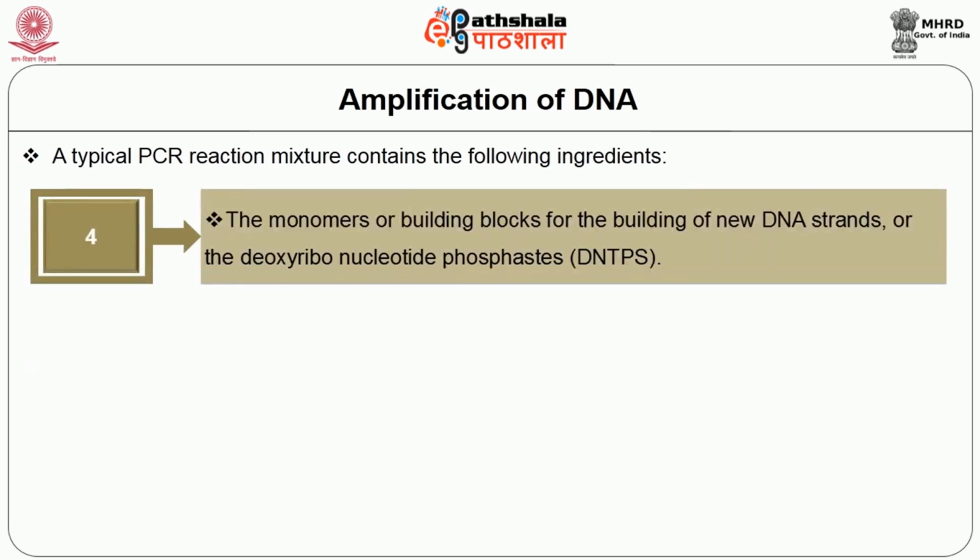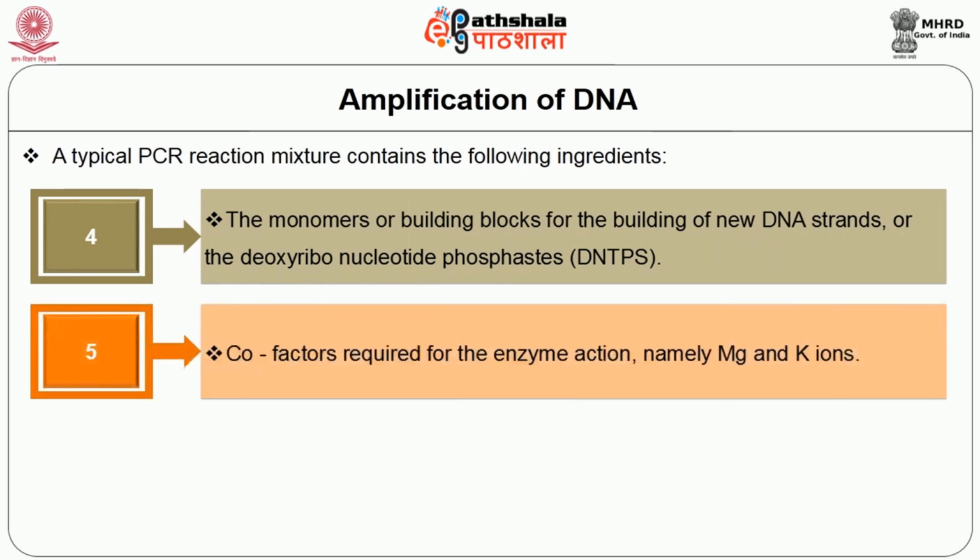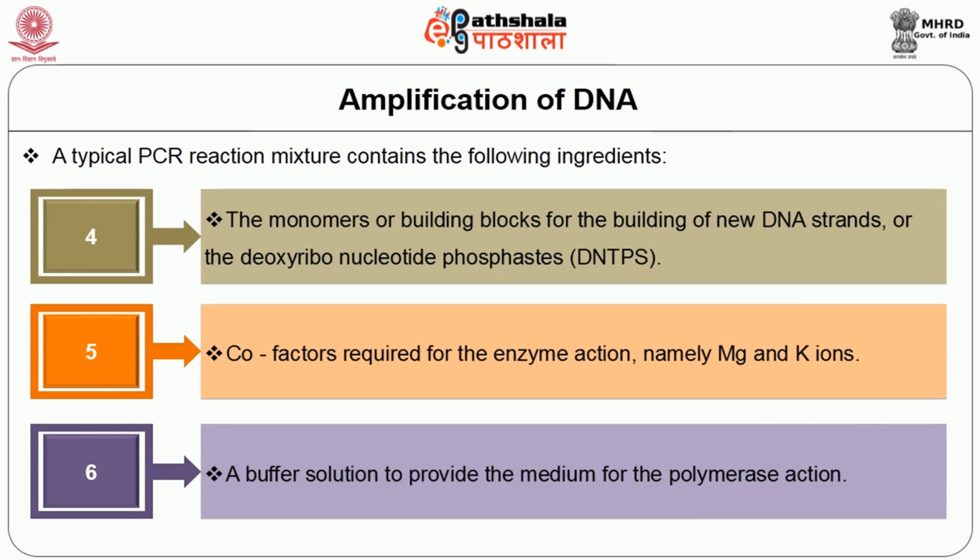The monomers or building blocks for the building of new DNA strands or the deoxyribonucleotide phosphates. 5. Cofactors required for the enzyme action, namely magnesium and potassium ions. And 6. A buffer solution to provide the medium for the polymerase action.